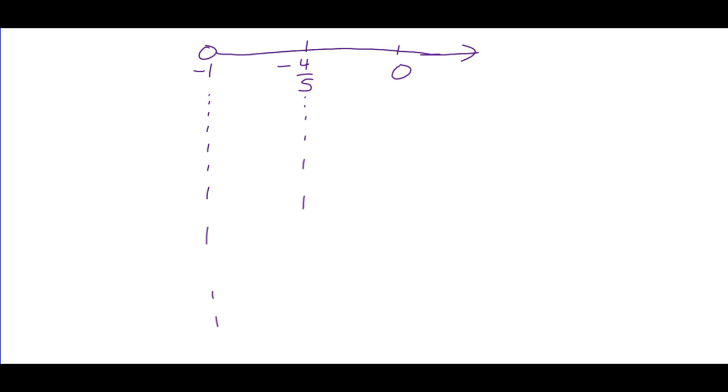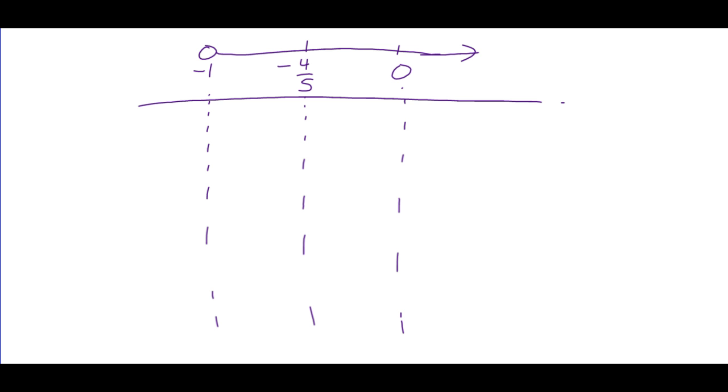Another new page. I'm going to do a little number line, right? So I've got negative 1, but not including negative 1, right? And I've got negative 4/5, and I've got 0, and then it continues on that way. Okay? And let's put a line there.